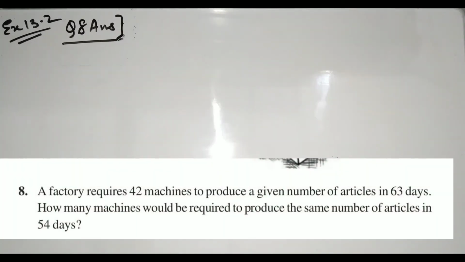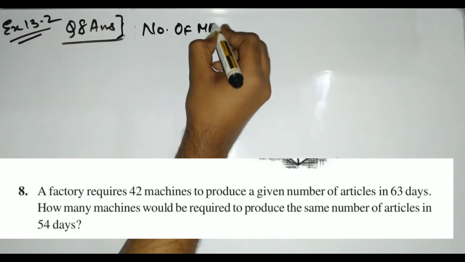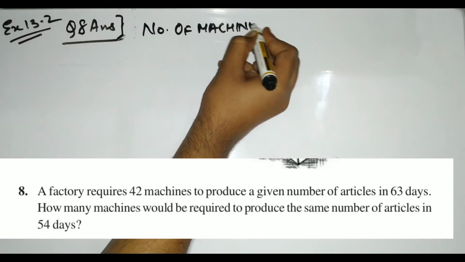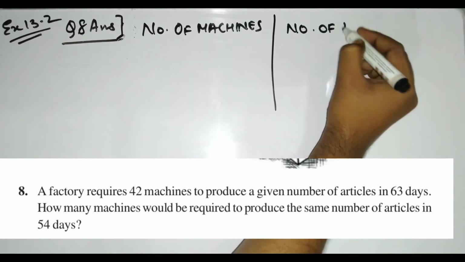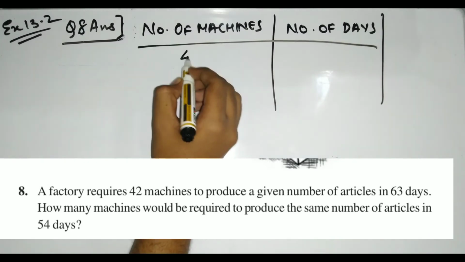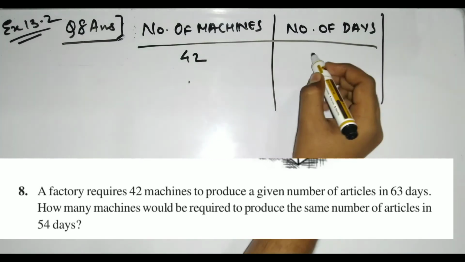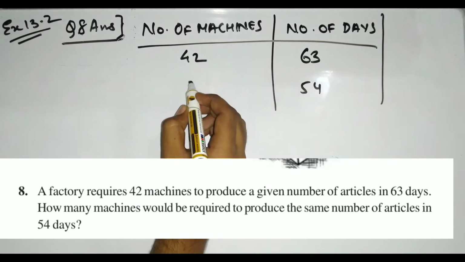So the eighth question. A factory requires 42 machines to produce a given number of articles in 63 days. How many machines would be required to produce the same number of articles in 54 days? So the number of machines and the number of days. For 54 days, how many machines are required?